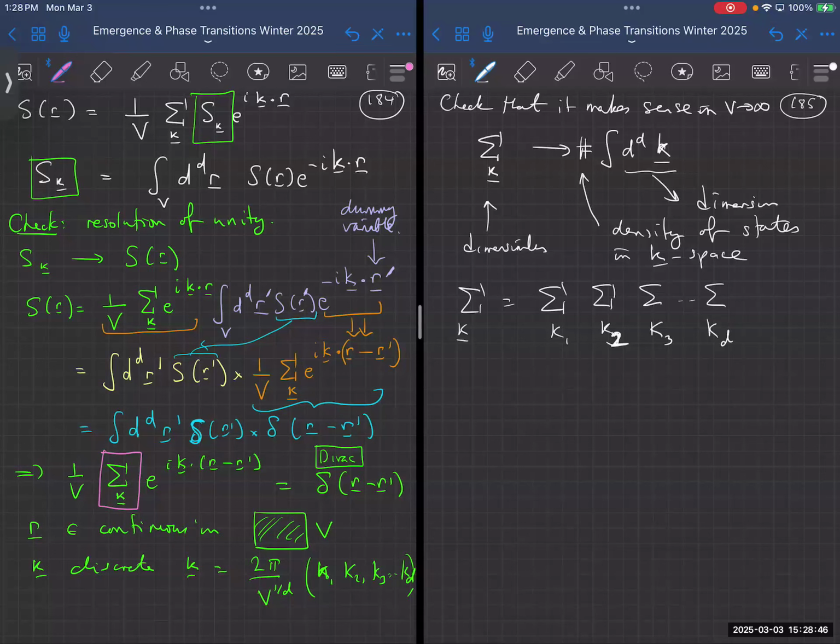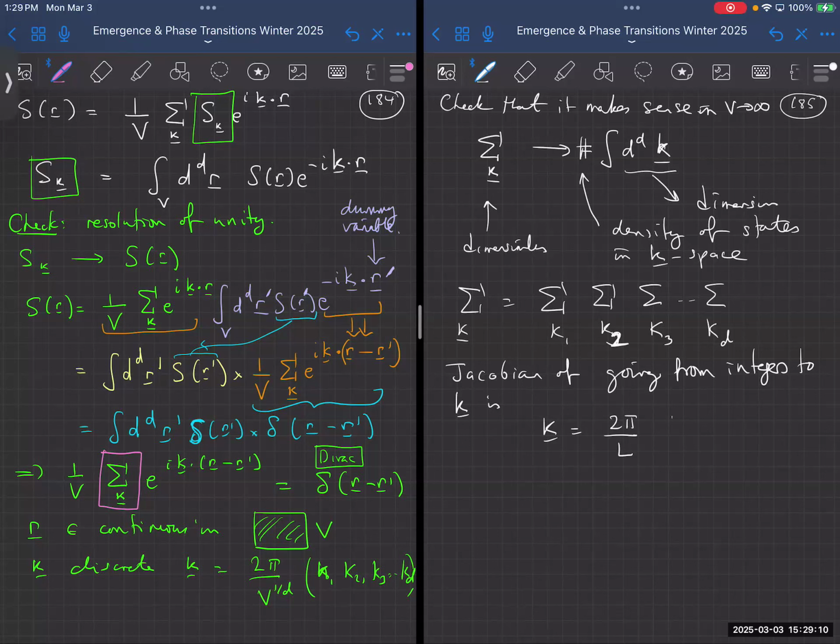So this term over here, the Jacobian of this transformation, the Jacobian of going from integers to k, is, well, I've got k. Let me just do it in 3 dimensions. So I got kx.